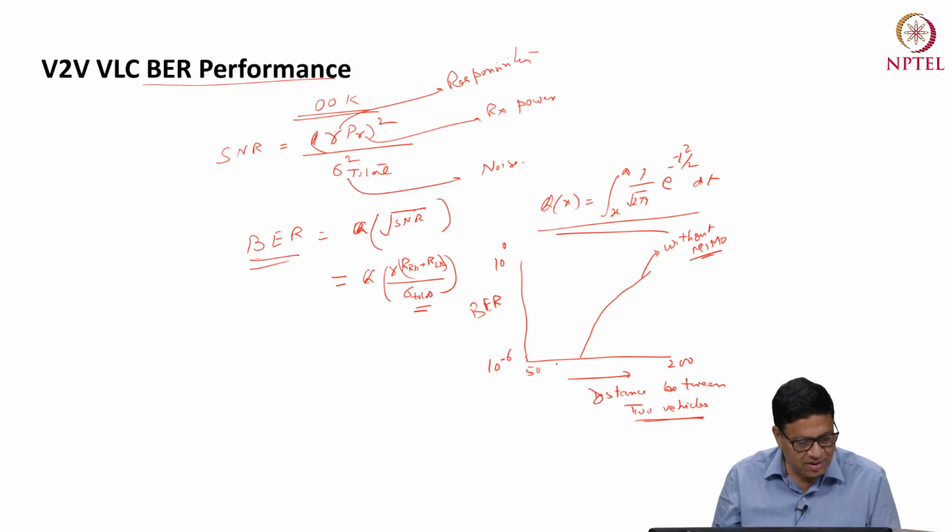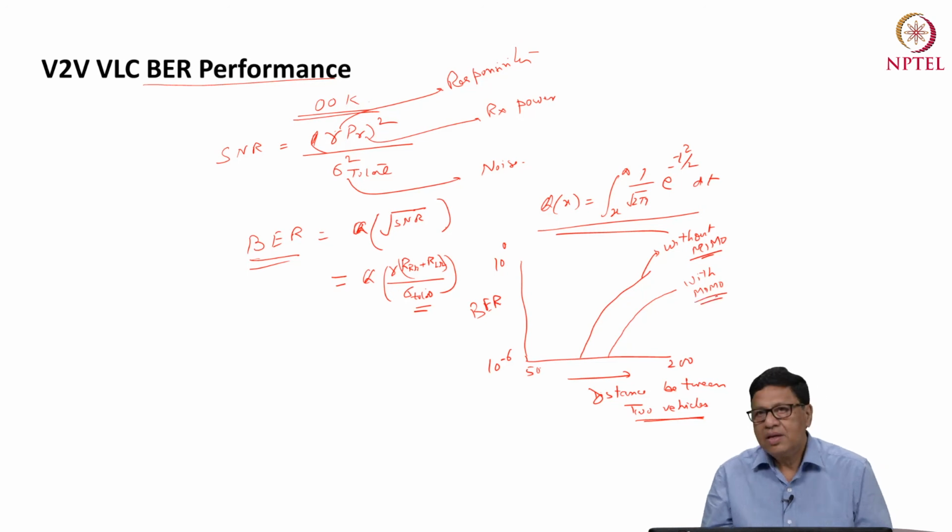If you use MIMO, then there will be an improvement and your performance will be something like this. This is with MIMO, which I had discussed earlier. So this is a typical BER versus distance plot.